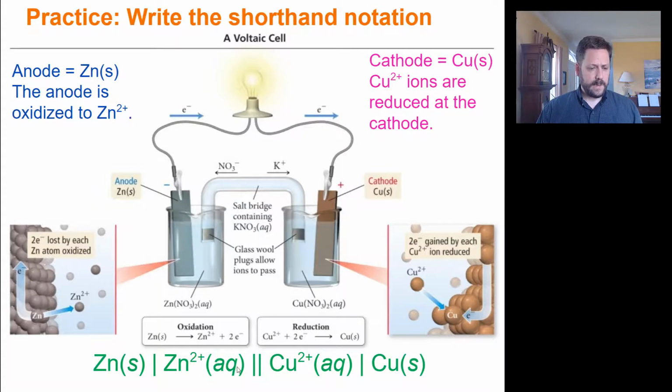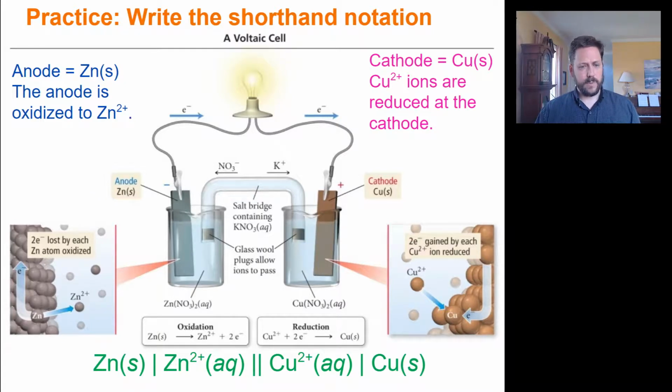And a lot of the time the molarity will also be written here along with the state symbol, and we'll assume it's 1 molar standard state. Then the double line is going to separate the anode from the cathode. What is the aqueous solution at the cathode end? Those are copper ions. And what's the electrode made of? Solid copper. So this is an example of how we'd write shorthand notation for a galvanic cell.